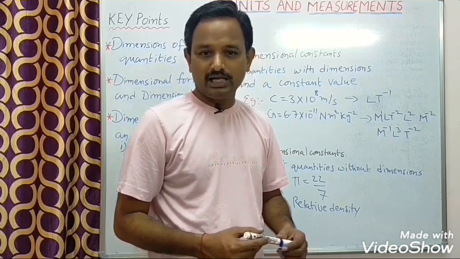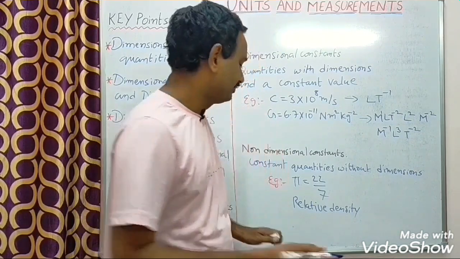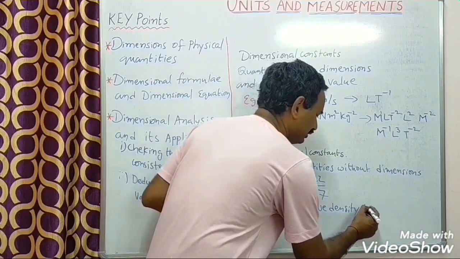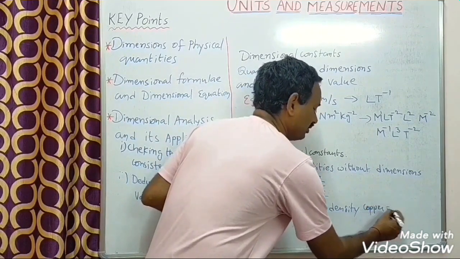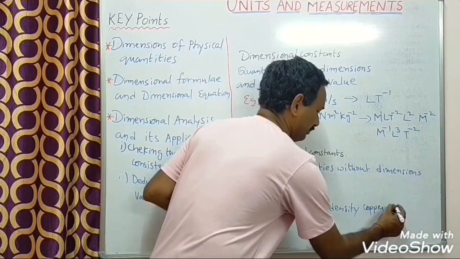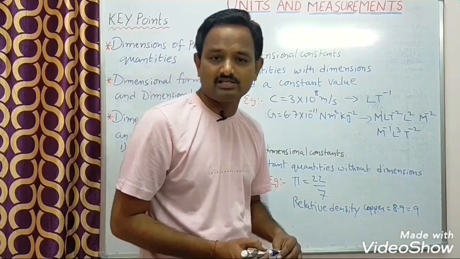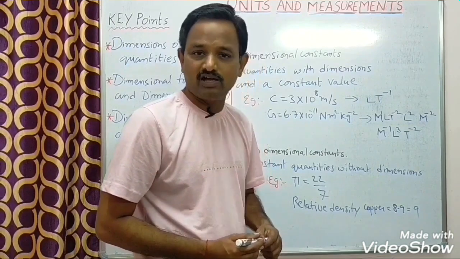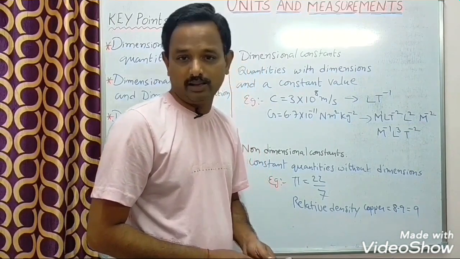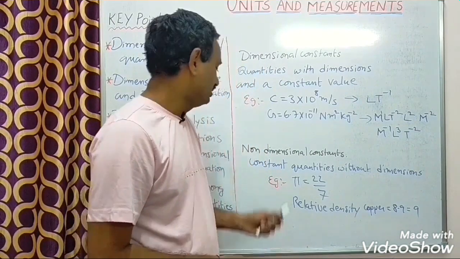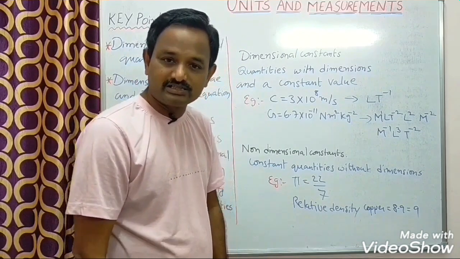For example, the relative density of copper, you can take 8.9, that is you can take 9. So here relative density has only a constant value. It doesn't have dimensions. So that's about non-dimensional constants.